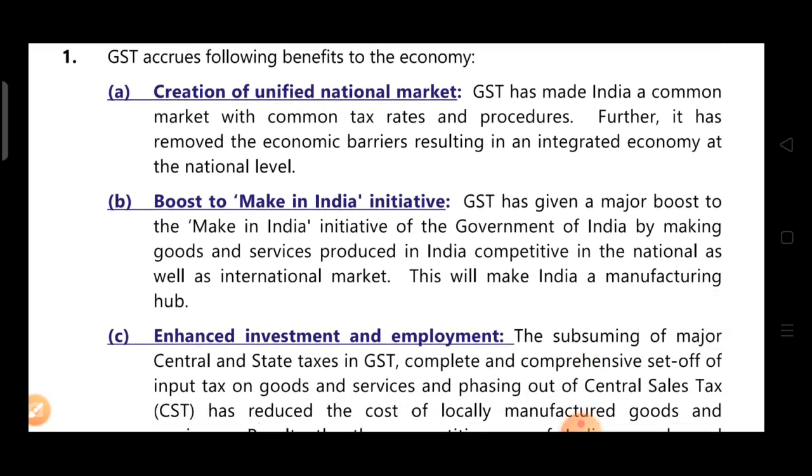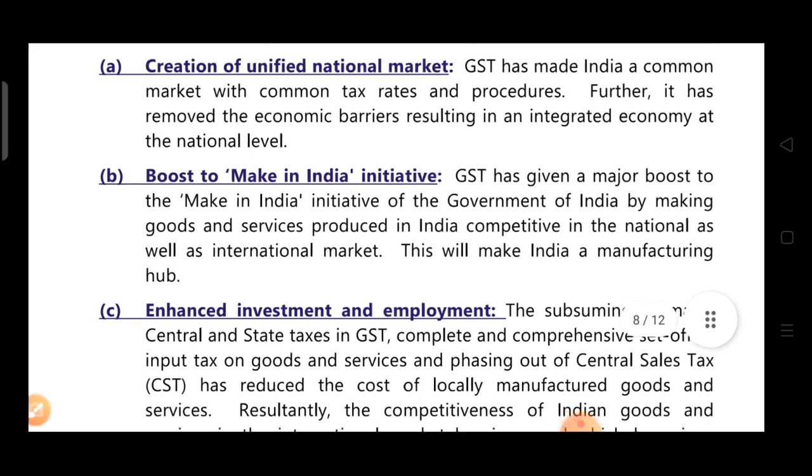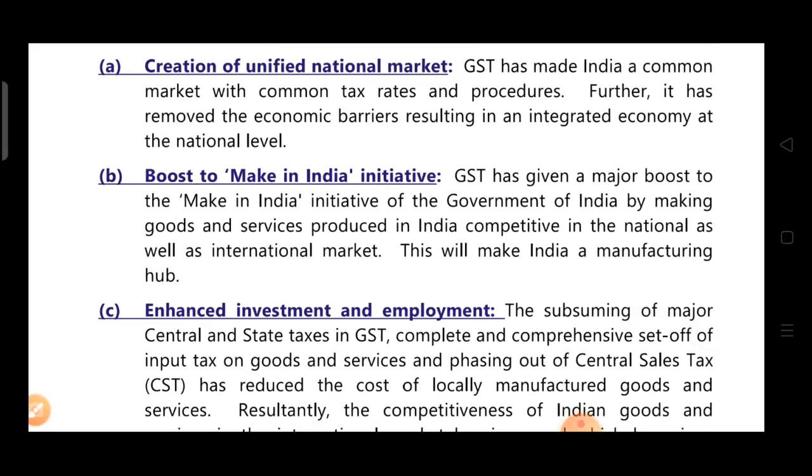Second benefit is boost to Make in India initiative. How come? GST has given a major boost to the Make in India initiative of the government of India by making goods and services produced in India competitive in the national as well as international market. This will make India a manufacturing hub. How are the goods in India competitive?